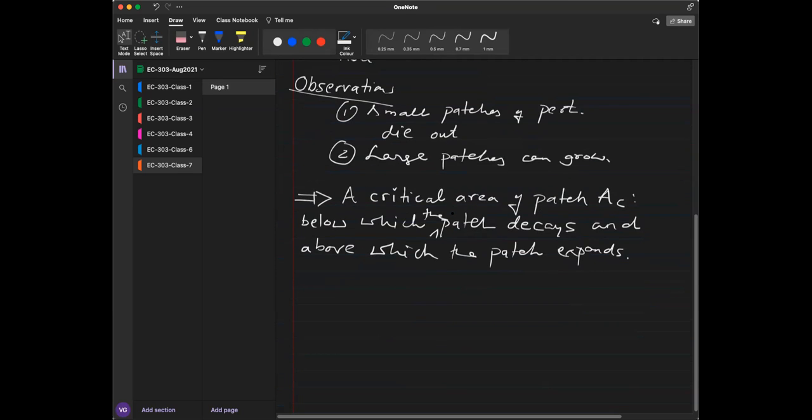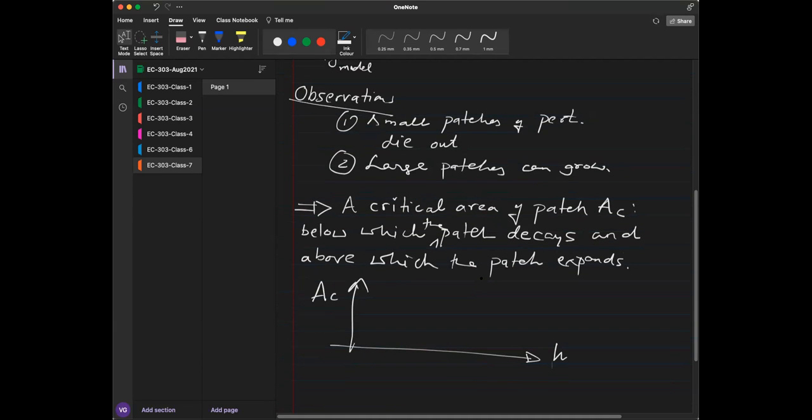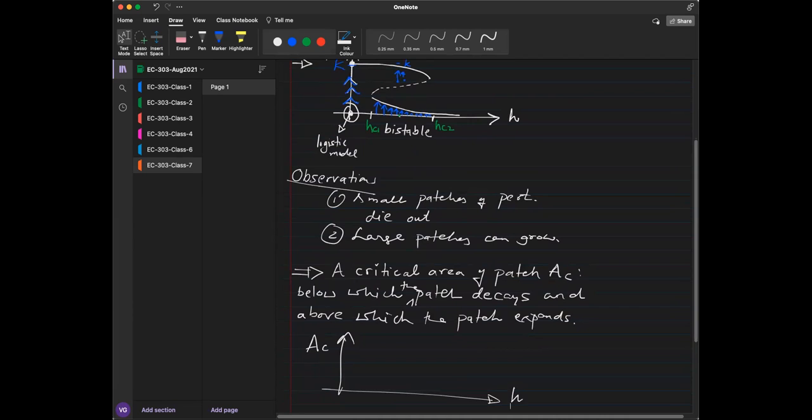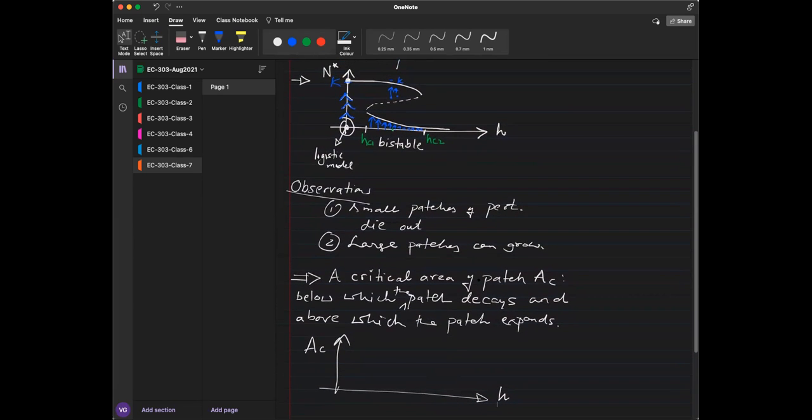Let us say if I plot AC as a function of h, how would this look like? I'm hoping you can see both the graphs now. If I were to plot AC as a function of h, how would this look like?